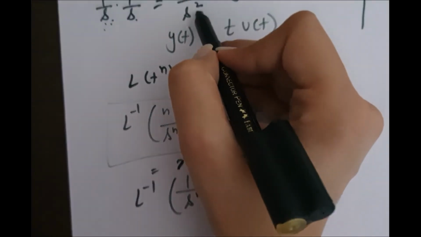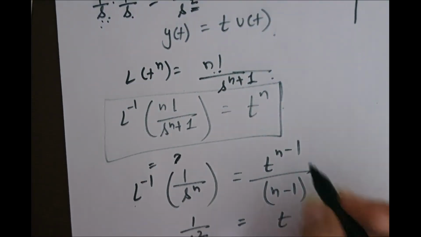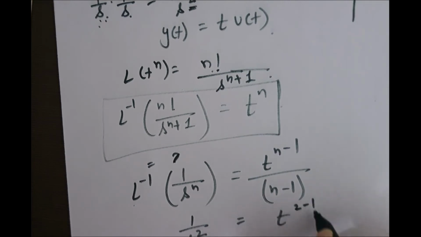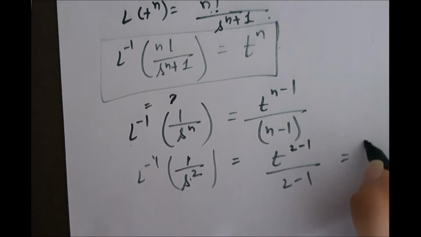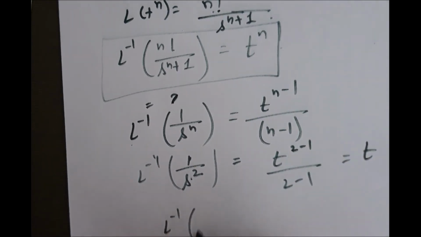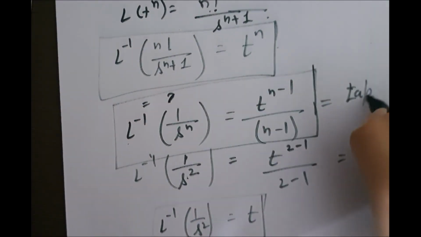So here n was 2, s cube. So t^(2-1), that is t, and here 1. So Laplace inverse of 1 upon s square will be t. Remember this property of Laplace inverse.